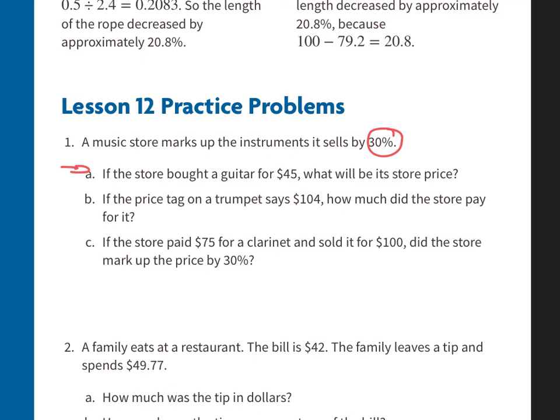Well, we're going to go 104 divided by 130%. And if the store paid 75 for a clarinet and sold it for 100, did the store mark it up by 30%? Well, go 100 divided by 75, and if it's above 0.3, yes. If it's below 0.3, no. Okay?